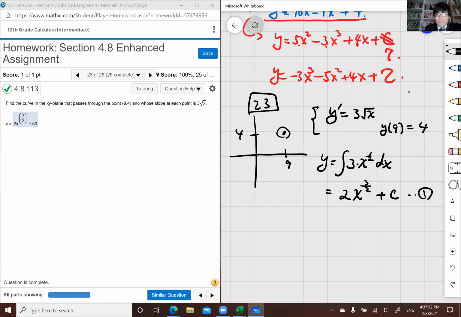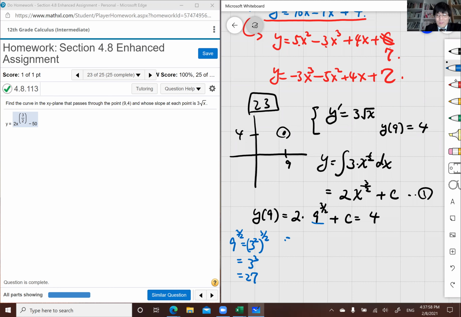So that's 1. And because y of 9 is equal to 4, it's going to be 2 times 9 to the power of 3/2 plus c is equal to 4. So what is this? 9 to the power of 3/2 is the same thing as 3 squared to the 3/2, which is the same thing as 3 cubed, which is 27.